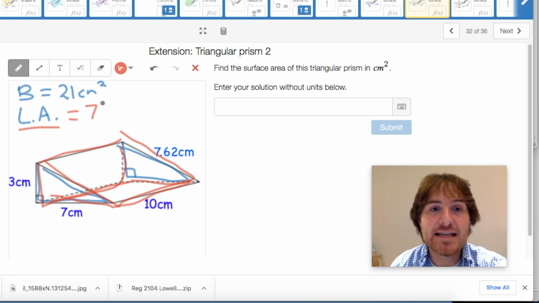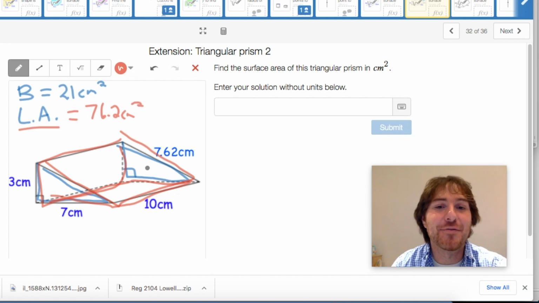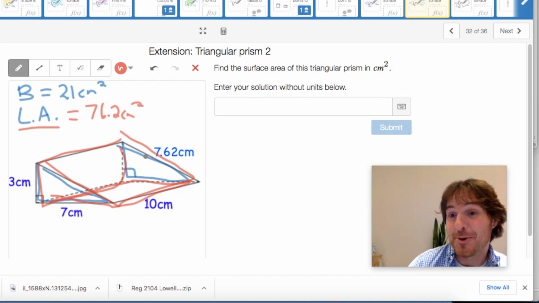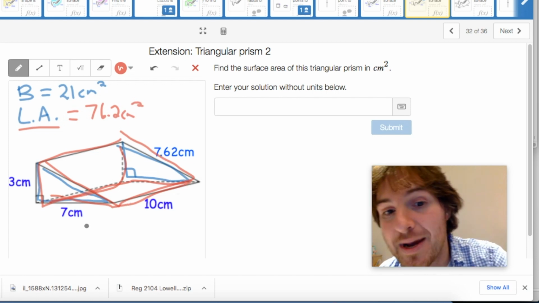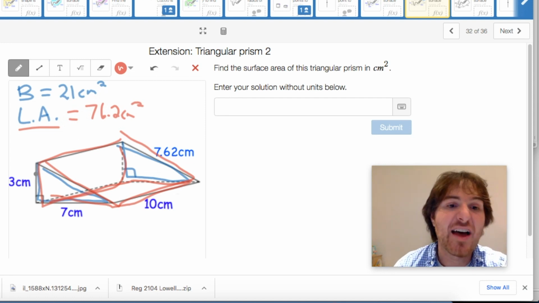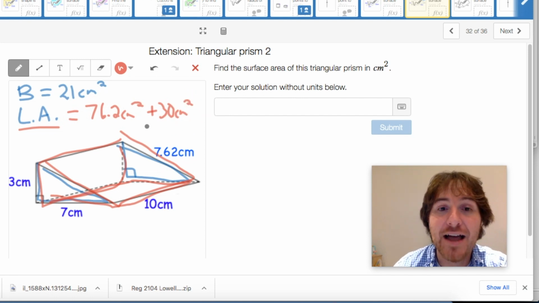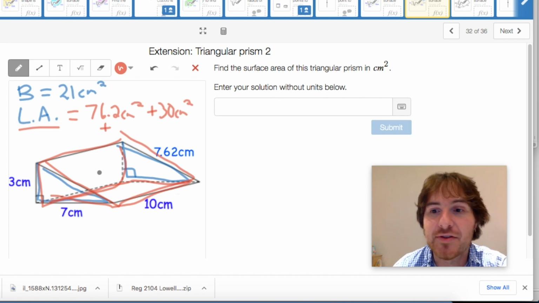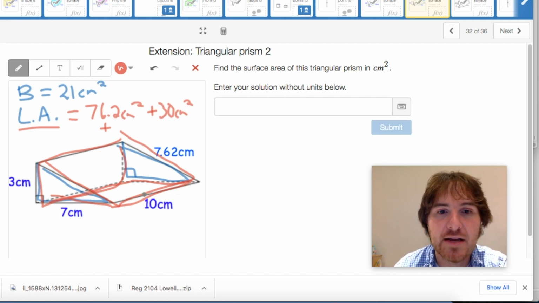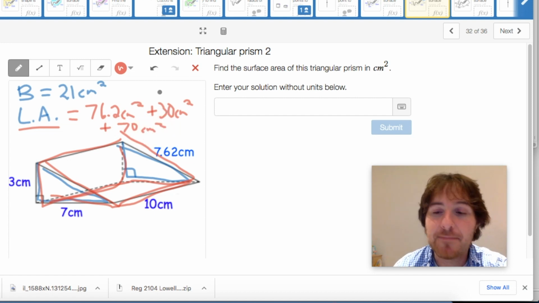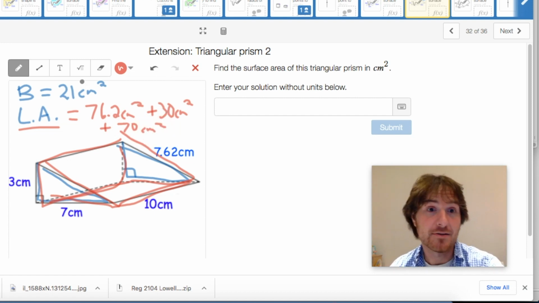So I'm going to have 76.2 square centimeters for this biggest one that we have here, because that's a 7.62 by 10 rectangle. I also have a 3 by 10 rectangle, so that's easy. That's 30 square centimeters. And finally, the last thing I need to sum into this is the lateral face down here, which is 7 centimeters times 10 centimeters, and that's 70 square centimeters, okay?